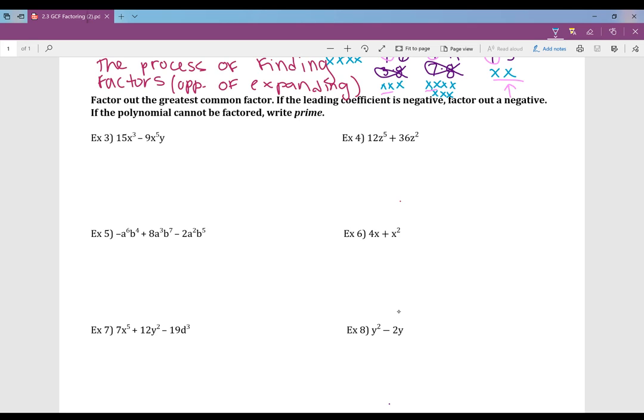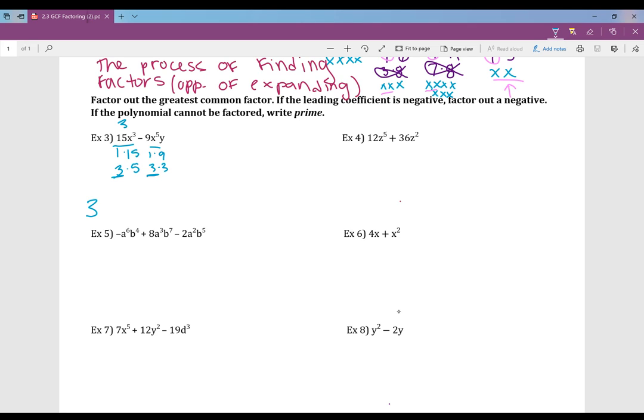Well, just by looking at it, we can kind of tell it's going to be 3, right? 3 goes into 15 and 9. If you can't tell by looking, you can always make your table. We have 1 times 15 and 3 times 5, and then 1 times 9 and 3 times 3. So 3 is the greatest number that goes into both of those.